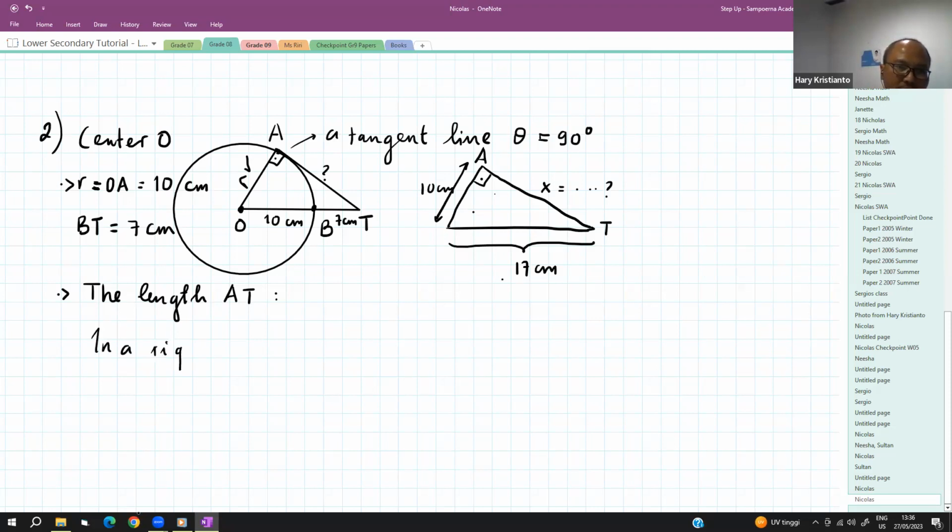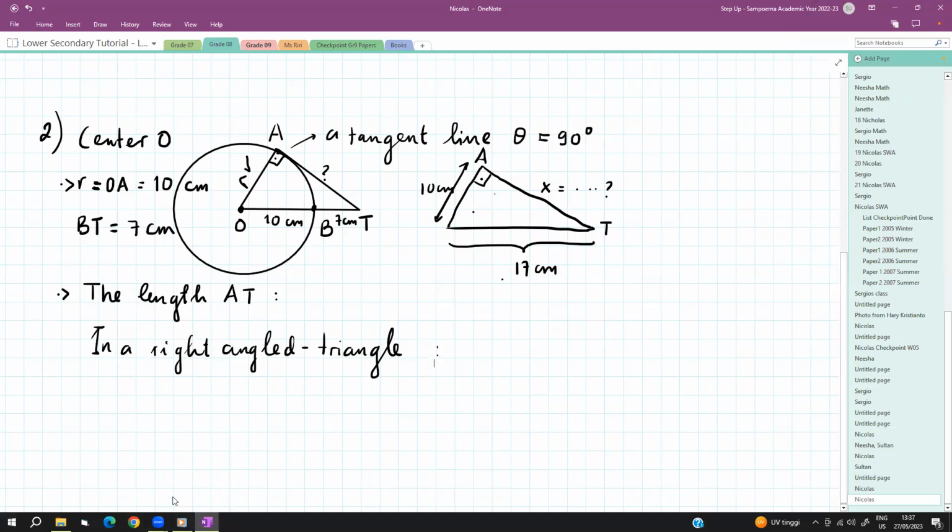In a right angle triangle, if two sides are known, you can always find the third side by using what, Nicholas?